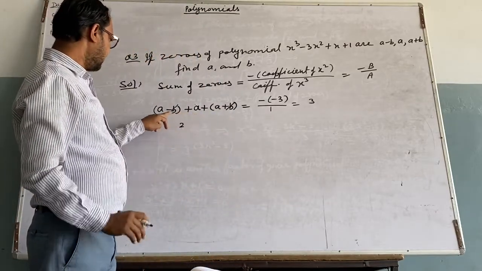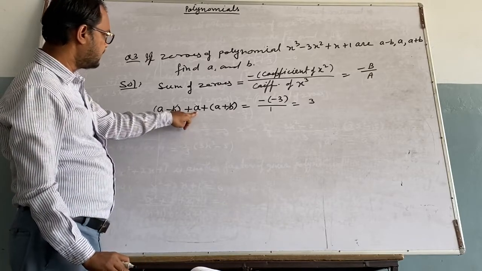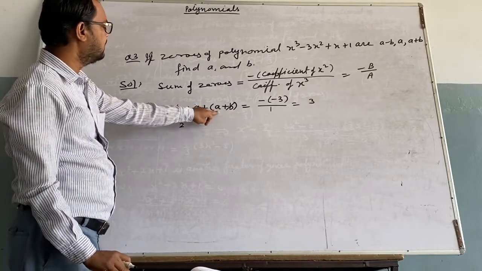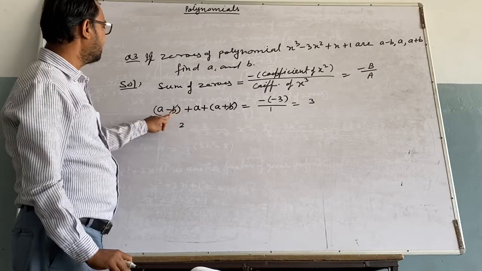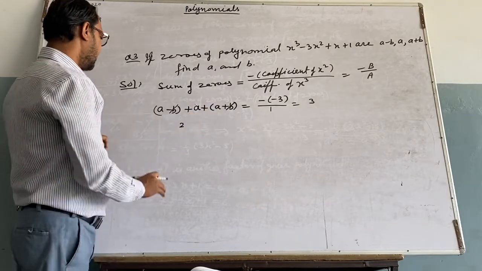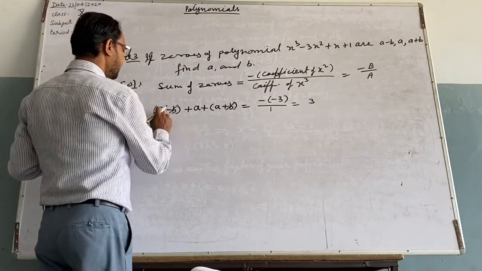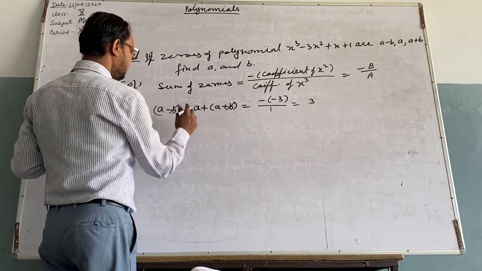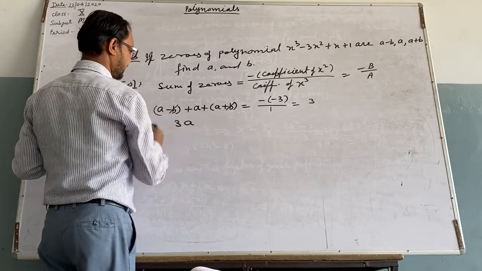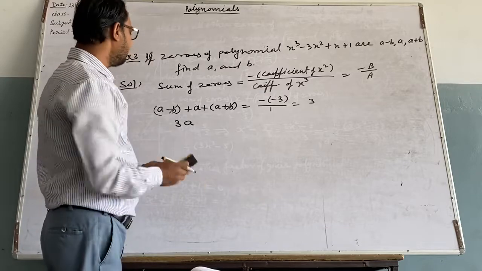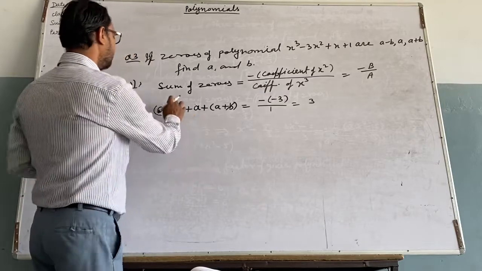Here it was A minus B, the second zero is A, the third zero is A plus B. So minus B cancelled by minus B, and you can see here A plus A plus A means 3. If you have any confusion here, you can do it by opening the bracket.